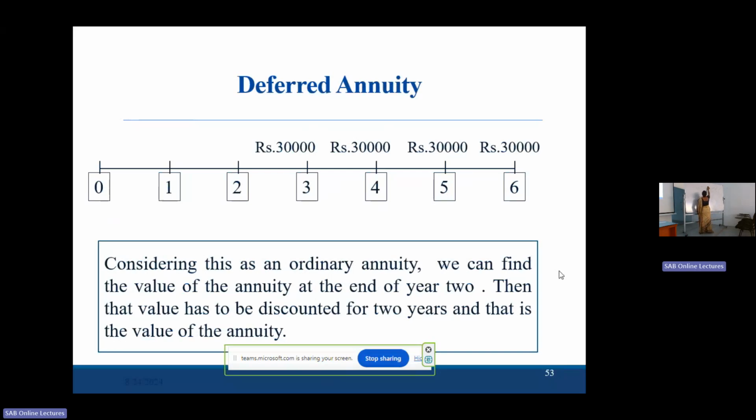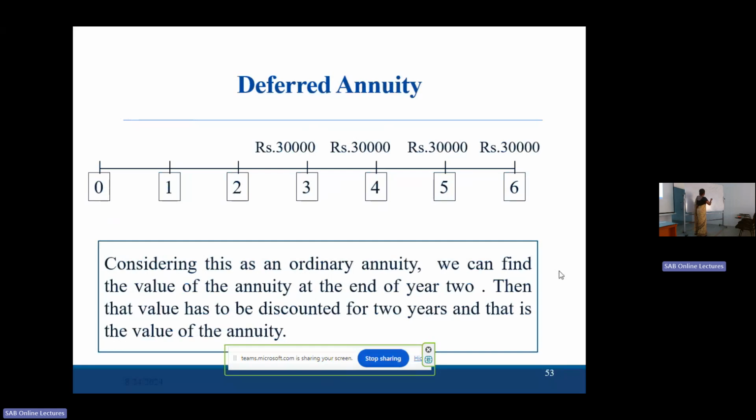Now there is no 30,000 here. Considering this as an ordinary annuity, remember an ordinary annuity occurs at the end of the period.